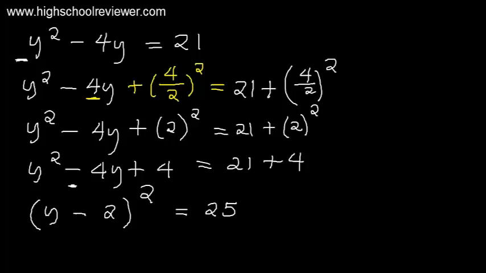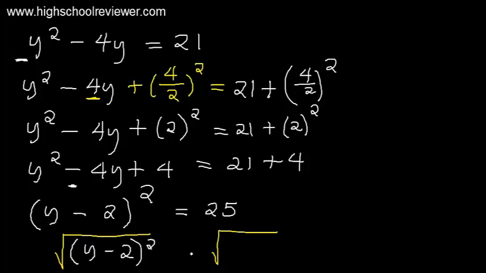Now, we are going to get the square root of both sides. So, get the square root of both sides. Okay. So, we will have here the quantity y minus 2 raised to the power of 2 equals the square root of 25.